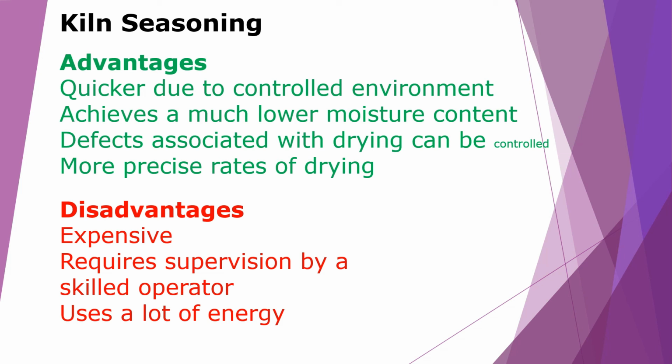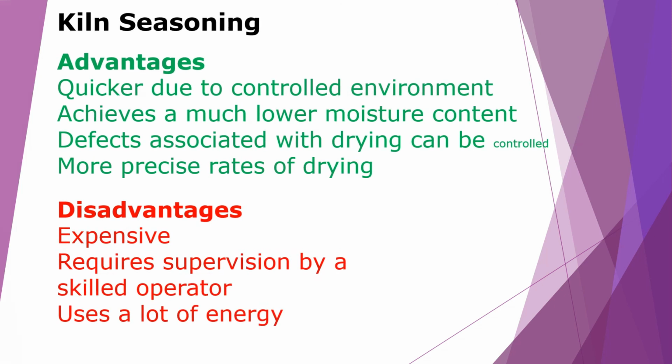For example, these methods are very expensive compared to air drying, and you require continuous supervision of your chambers, of your kilns, non-stop. That's why you need to have a skilled operator, and also these methods use a lot of energy, unlike air seasoning where you don't spend anything on removing the moisture content from the timber.